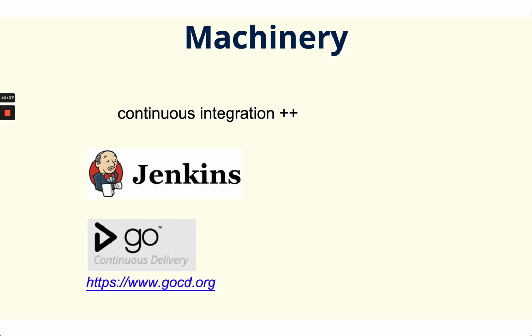In terms of machinery, deployment pipelines are basically continuous integration on steroids, and so a lot of people use continuous integration tools and just wire up a sort of a partial deployment pipeline. There's actually a commercial add-on for Jenkins called CloudBees that allows you to build full deployment pipelines on top of Jenkins.